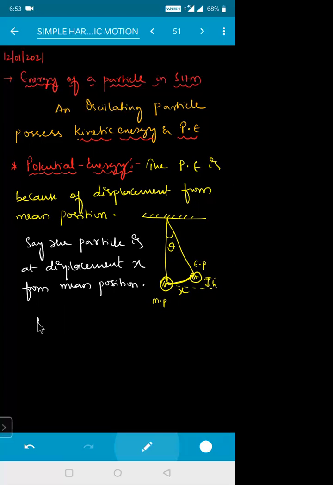So work done in displacing it by dx against the restoring force is given by the formula.